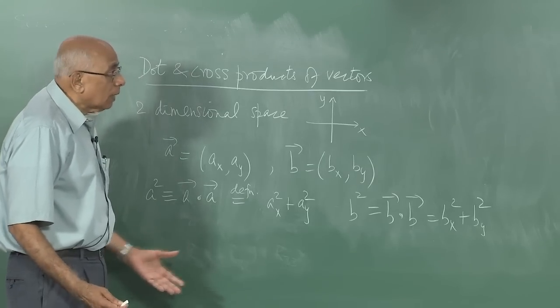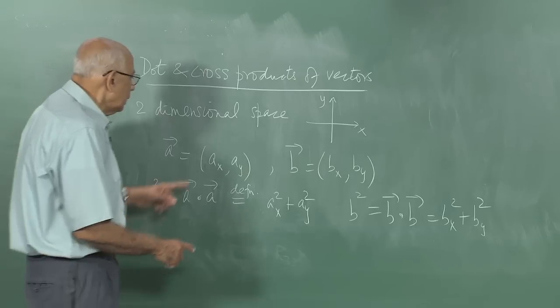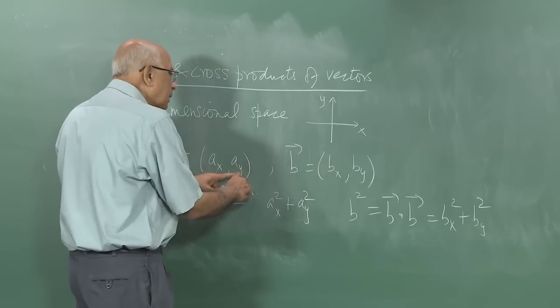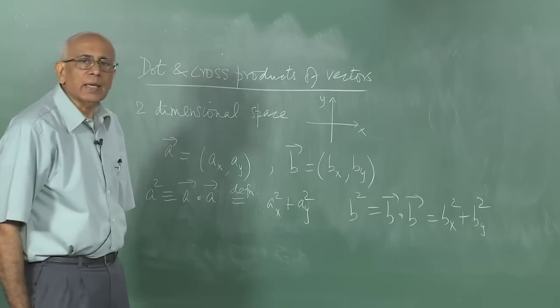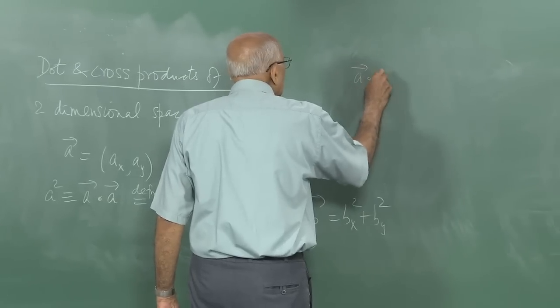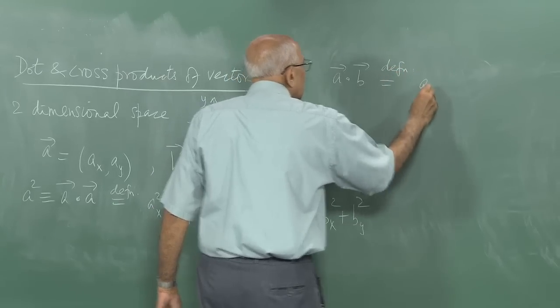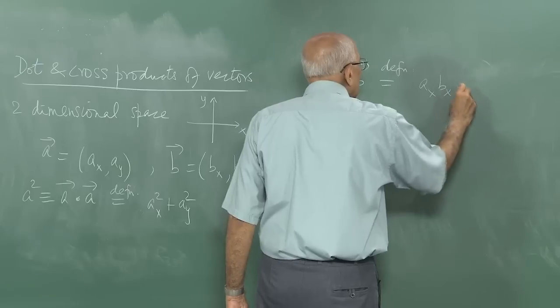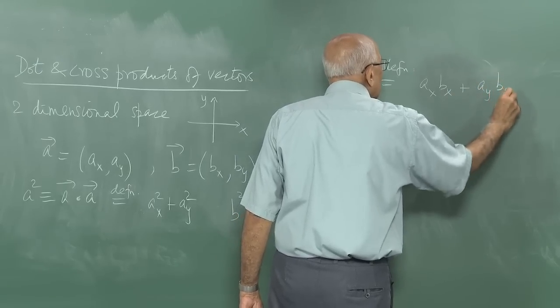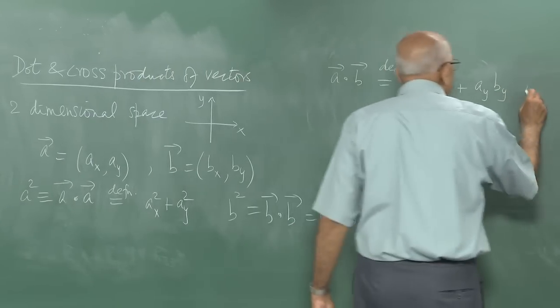But now again using those trigonometric transformation laws, it is not hard to see that A_x B_x plus A_y B_y is also a scalar in exactly the same way, and this is written as the dot product A dot B, defined as A_x B_x plus A_y B_y, and this is a scalar.